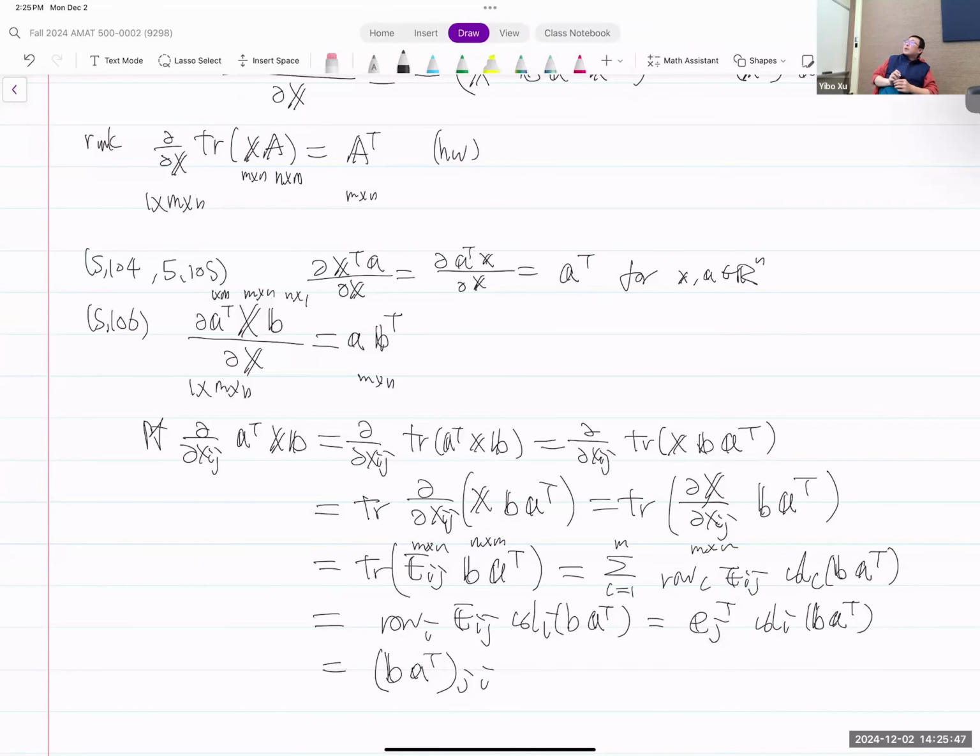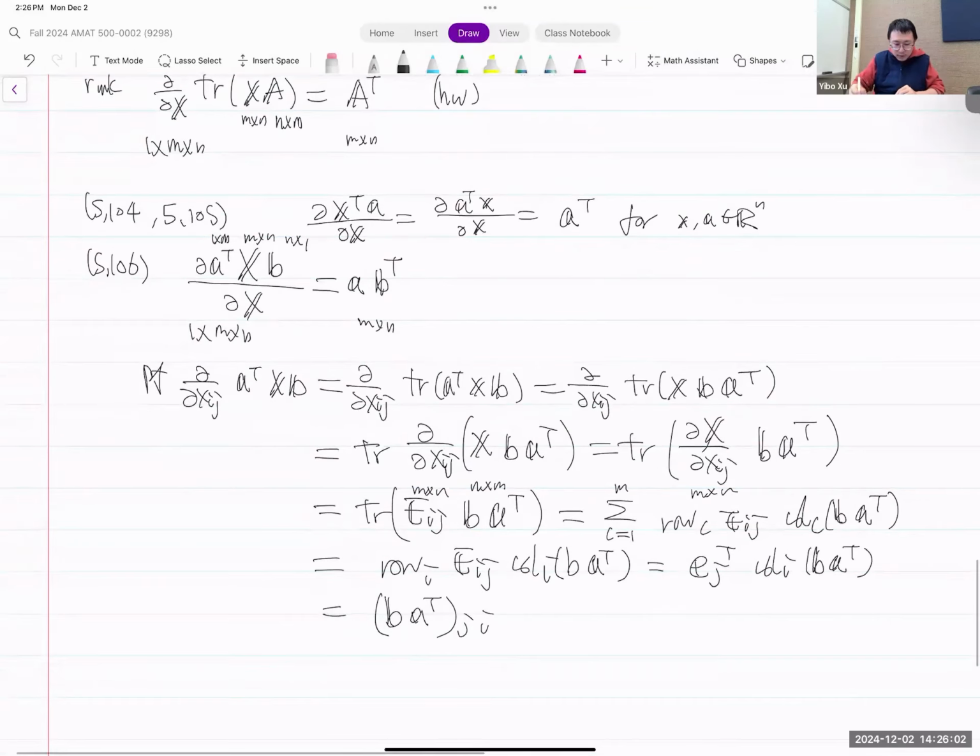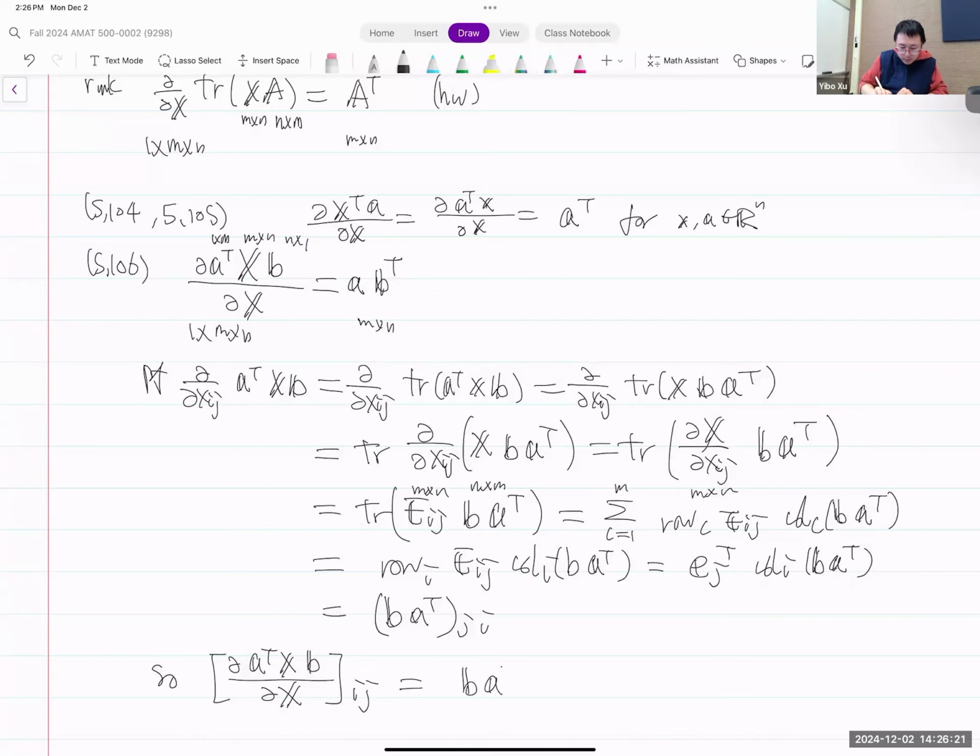So once again, we realize, okay, I have the ith row jth element that I'm looking for in the resulting matrix. But now I end up with BA transpose, a constant matrix, taking the jth row ith column. Okay, so this is the transpose relationship. So in that matrix, I take the ith row jth column element, I get BA transpose.